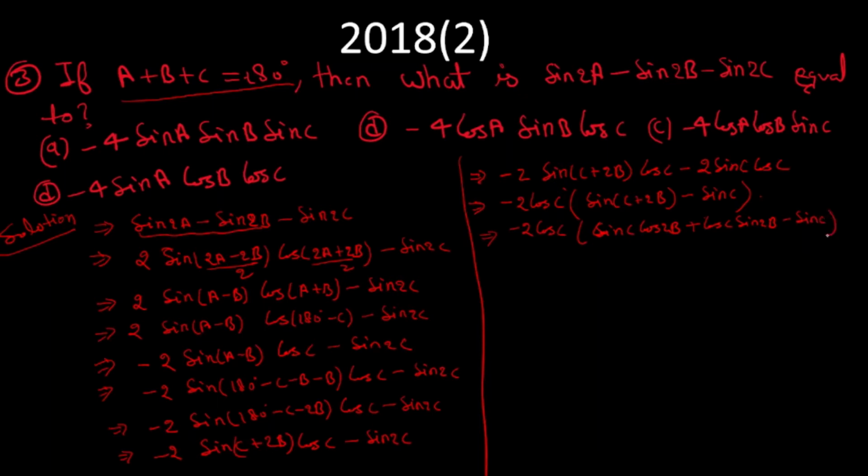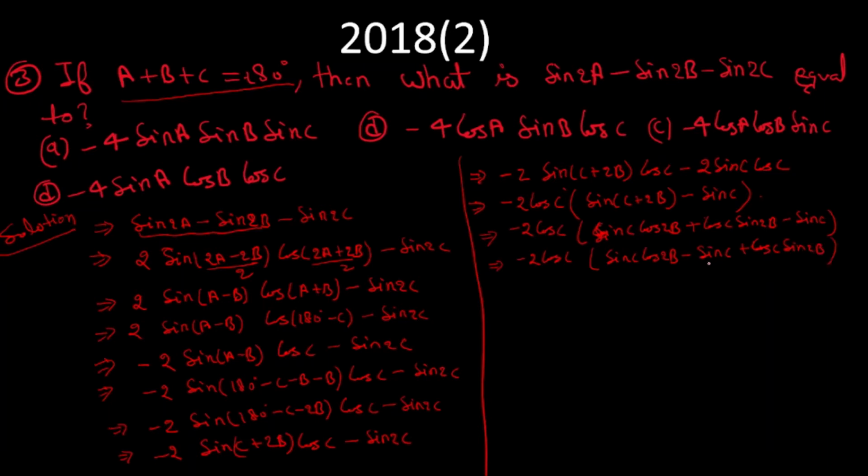We got this. Now I write minus 2 cos c, and this and this in combination: sine c cos 2b minus sine c, and cos c sine 2b.